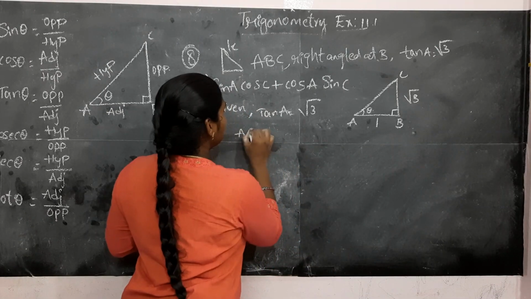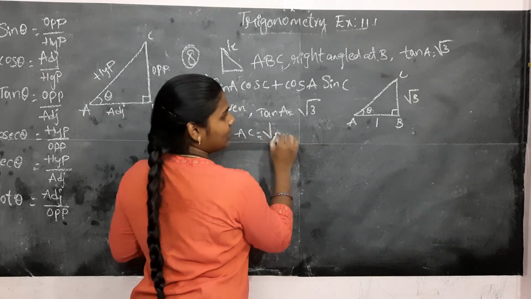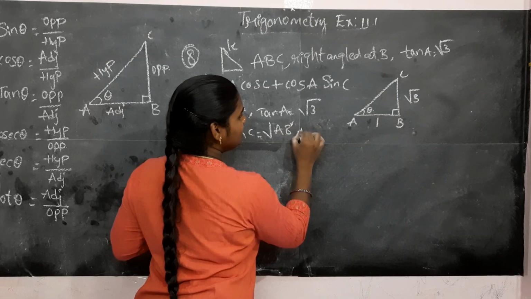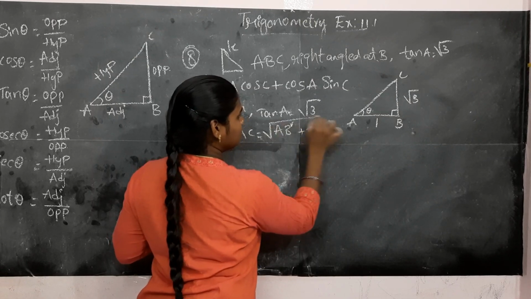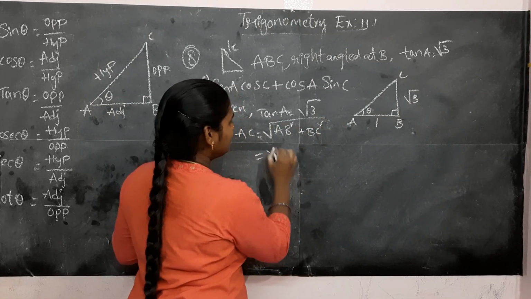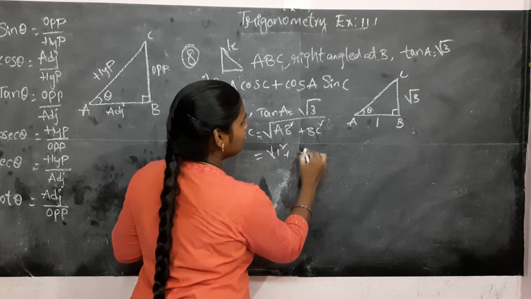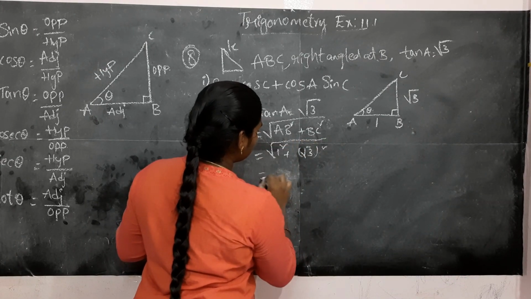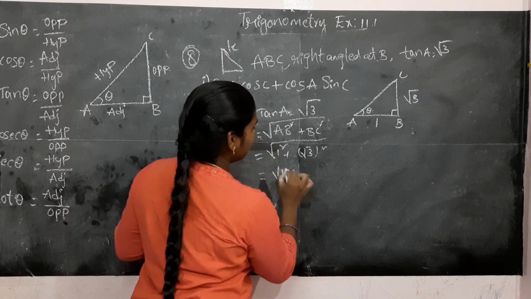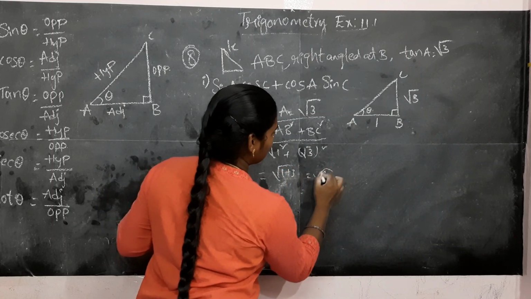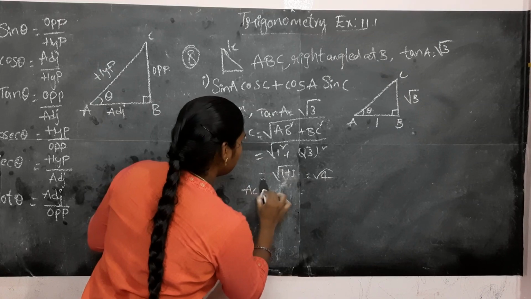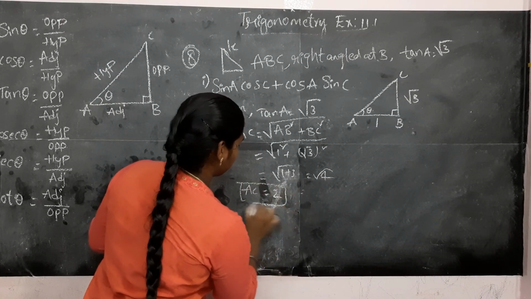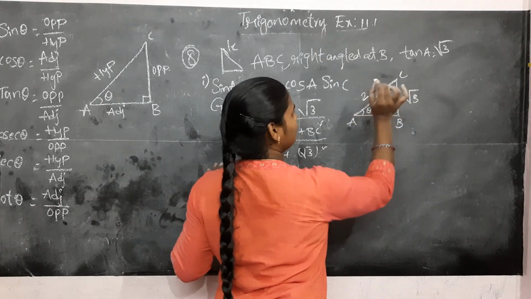AC is nothing but under root of AB square plus BC square. AB is 1, so 1 square plus BC square is root 3 whole square, which turns into 1 plus 3, root 4, and AC is nothing but 2.